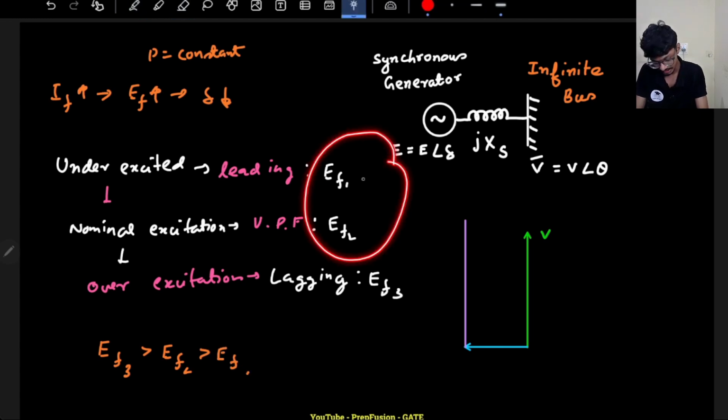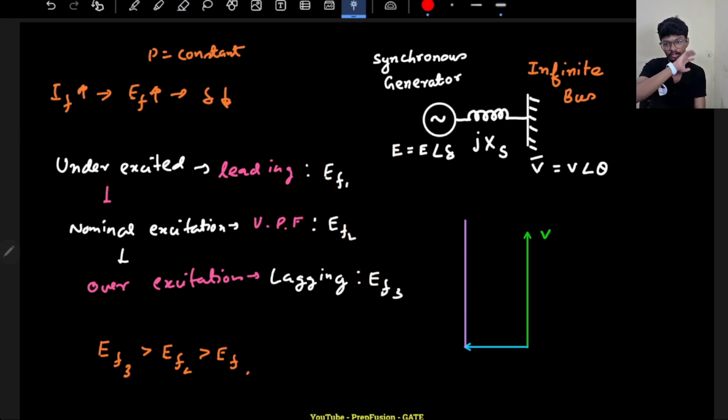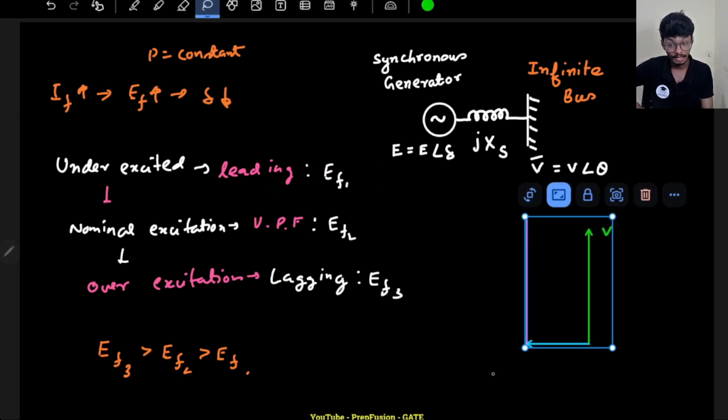If I'm increasing the field current, obviously the excitation voltage will only increase. Okay, so let's discuss a few graphs.